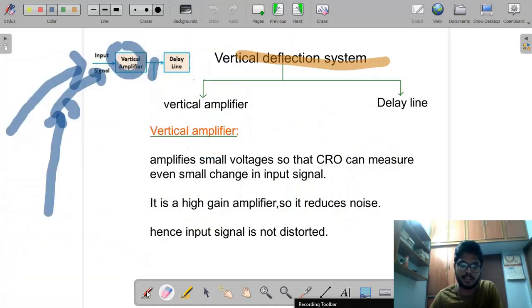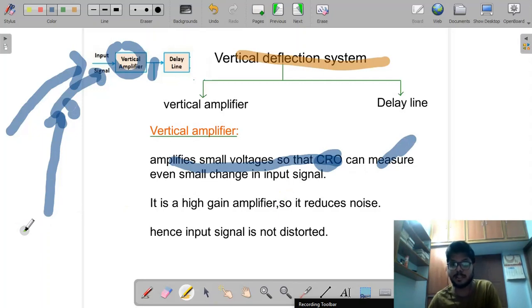See, this is the role of the vertical amplifier. The vertical amplifier amplifies small voltage so that the CRO can measure even small input changes. If we have very small inputs, the CRO may or may not be able to measure them. But if you give a sufficient amount, the CRO can measure it easily.